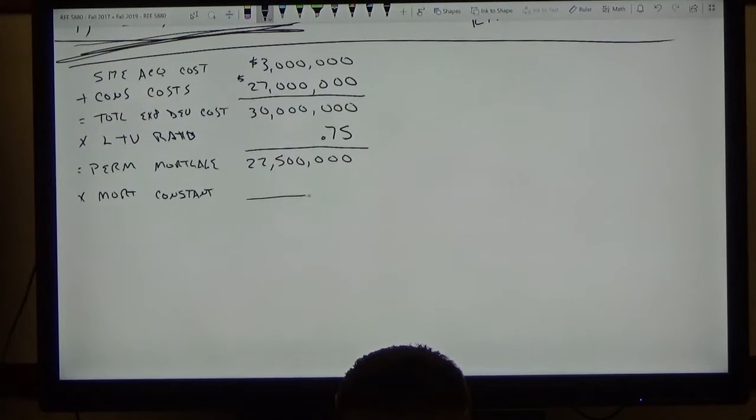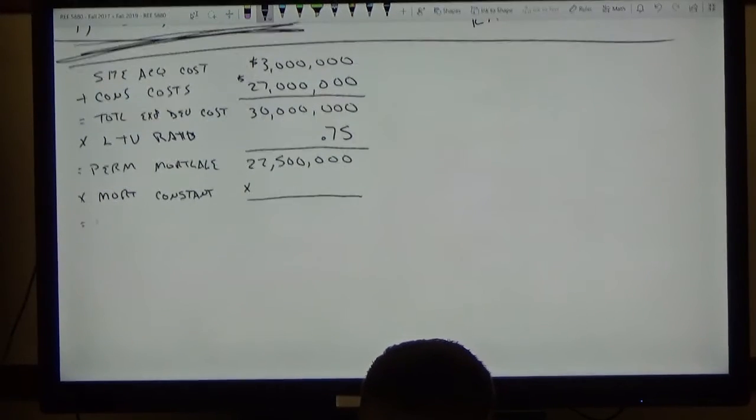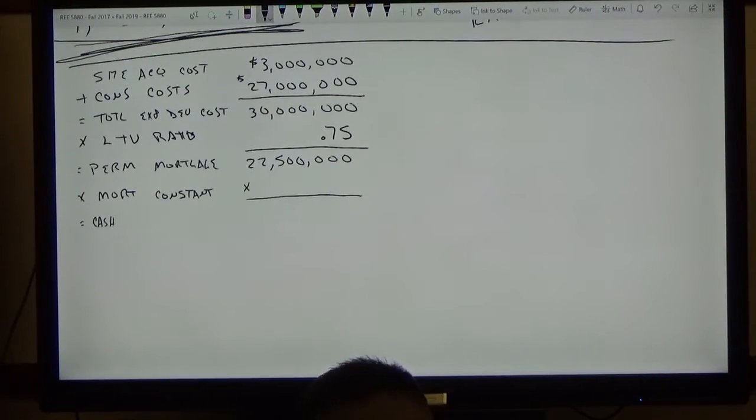We're going to be putting in a number there that we'll multiply by the permanent mortgage, and that is going to give us the cash required for debt service.